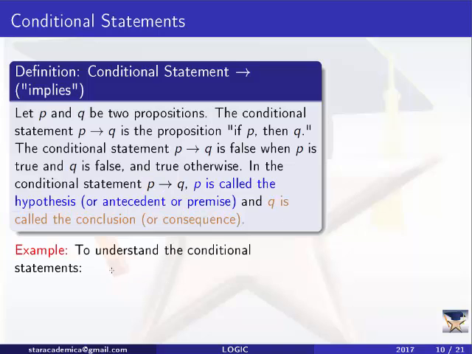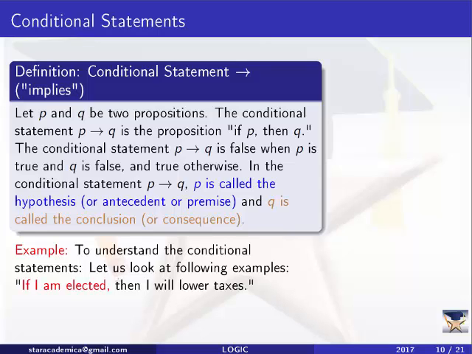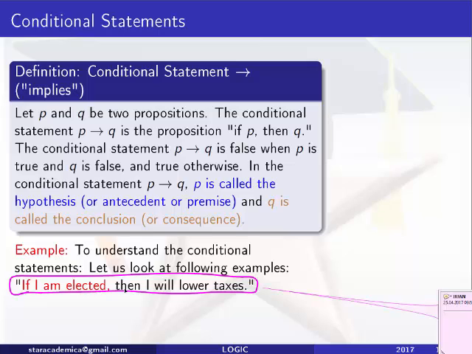To understand the conditional statements, this may be a little bit more complicated than the other ones. Let's look at an example. If I'm elected, then I will lower the taxes. Suppose somebody who is going through the election promises the following: if I am elected, then I will lower taxes. If he is not elected, then he may or may not lower the taxes.